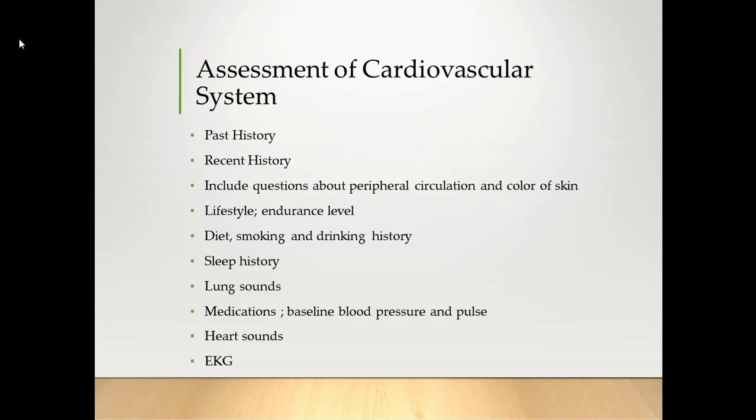Maybe the skin turns kind of a ruddy or purple color. Maybe we can talk to them about their lifestyle or their endurance level. Their smoking, their drinking, their diet history is also a good one. Sleep history, lung sounds, because that will tell us a lot about how hard their heart is working. Medications they've been on either in the past or in the present. Obviously, we're going to listen to heart sounds, and obviously, we're going to do an EKG.